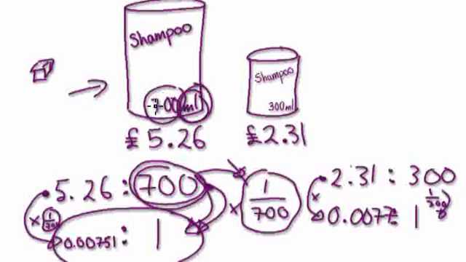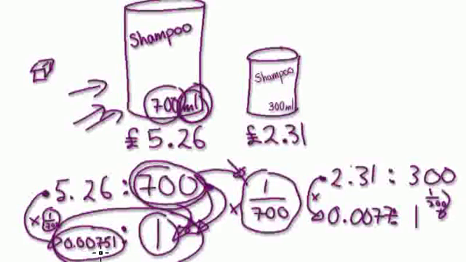With the big version, if you take this to 1, it costs you this amount of money to buy one of these cubes. Remember, there are 700 milliliters in there. So it will cost you this amount of money to buy one milliliter.